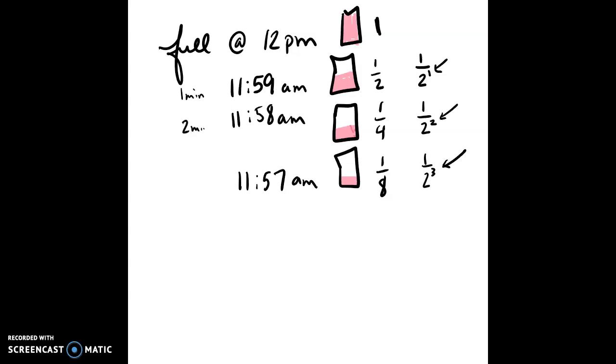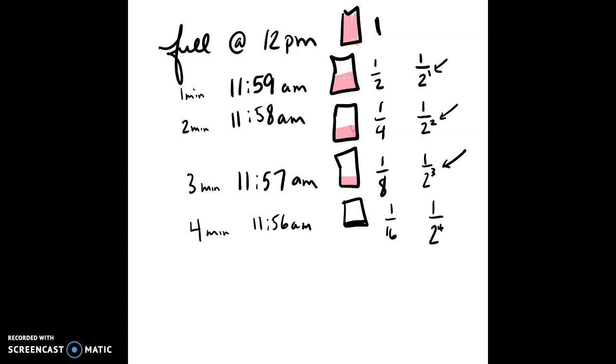This is 2 minutes prior to noon. This is 3 minutes prior to noon. So at 4 minutes prior to noon, at 11:56, this bottle would be 1/16 full. So it would be down here. And that is the same as 1 over 2 to the 4th power.